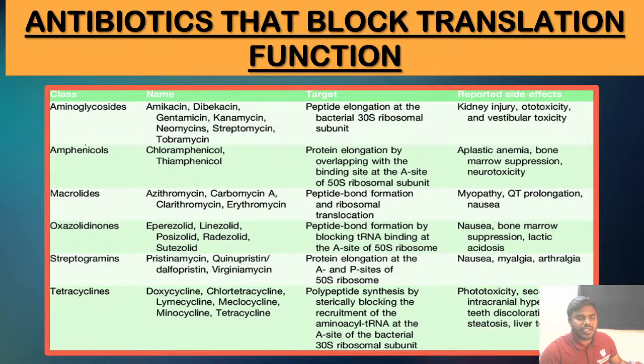Whatever PDF I upload on the website, I want you to read it. There is no difficult concept over there, right, my friends? We have to read simple concepts only. You have to remember a lot of information: the name of the antibiotic, which class it belongs to, and most important, what kind of function it is doing. That is the only thing you have to remember for the exam.